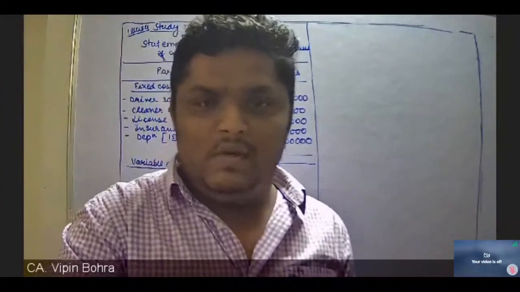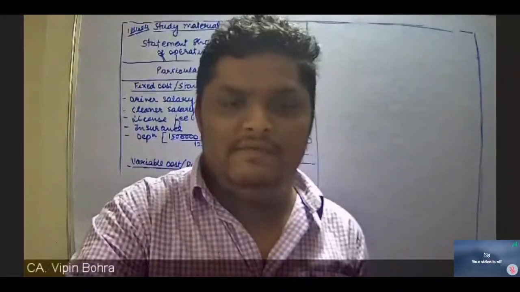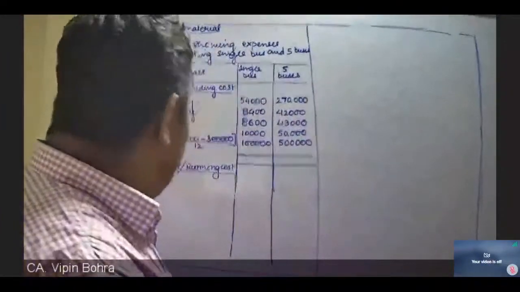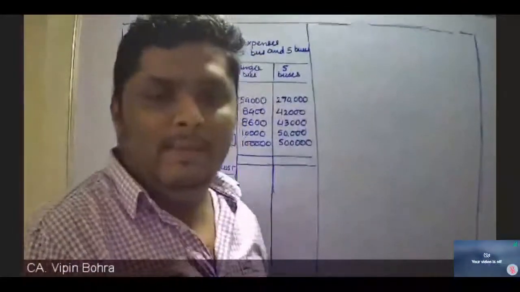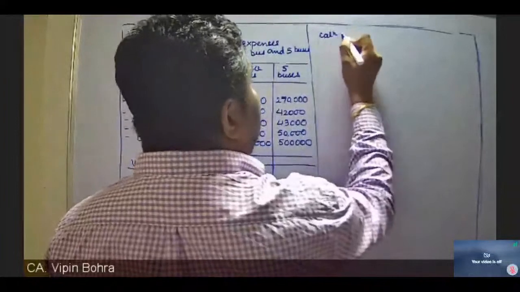The diesel cost is rupees 45 per liter and the bus gives a mileage of 4 km per liter of diesel. So now let's calculate the number of kilometers.